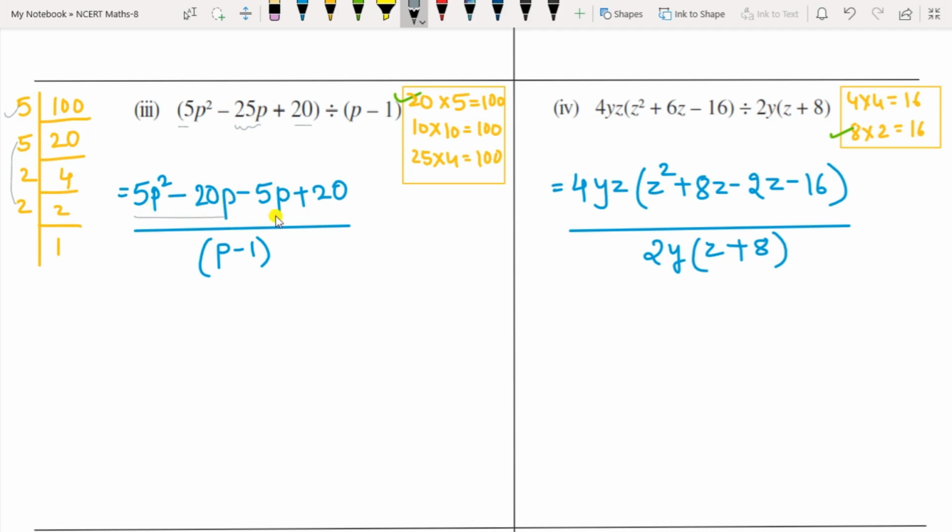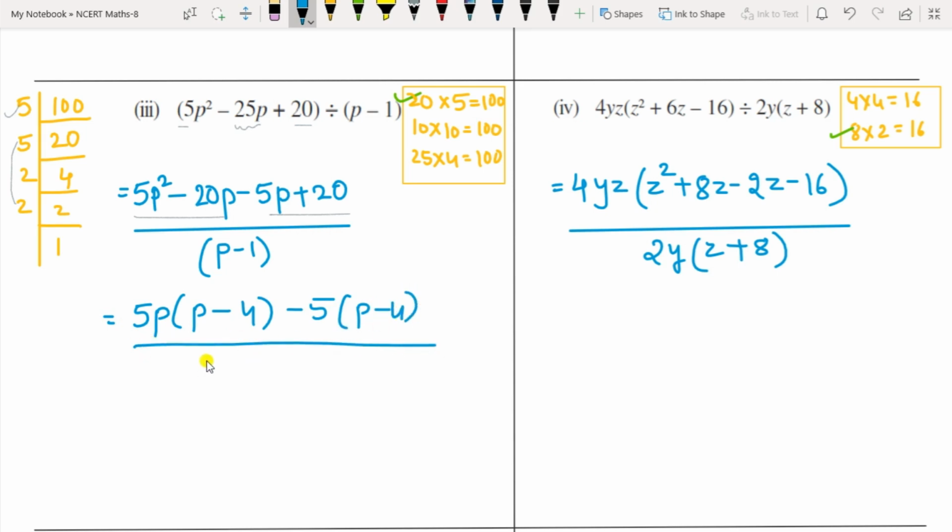Now take out common from this and this. So it will be 5. P will also be a common factor. 5P minus 4 minus 5, P minus 4, the whole upon P minus 1. So P minus 4 is one bracket and 5P minus 5 is another bracket, the whole upon P minus 1.